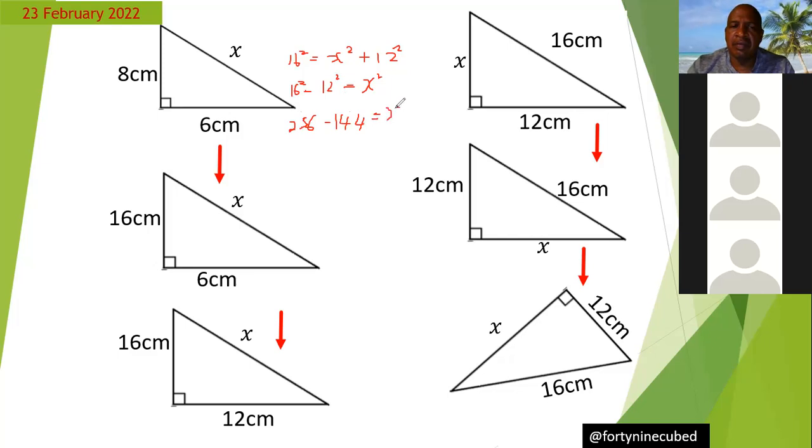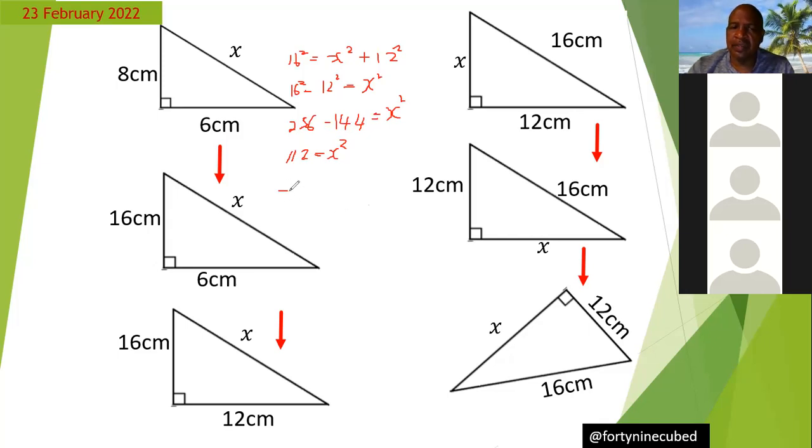You're going to get 112, sir. So we have 112 equal to x squared.